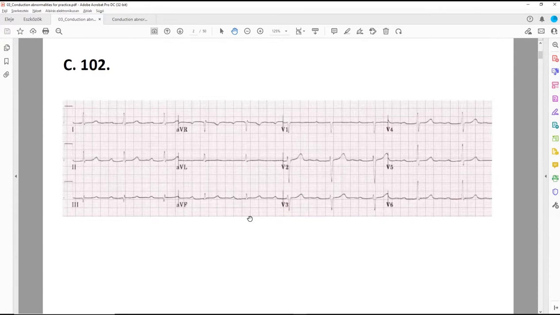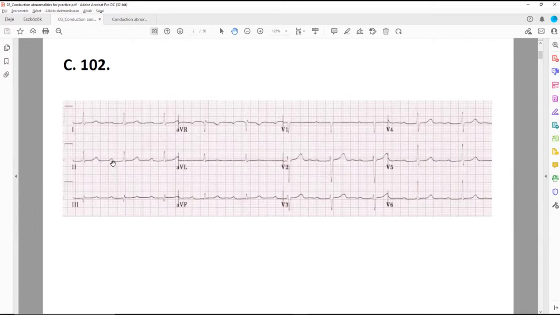It's about 4 large and 4 small boxes, which is about 62 beats per minute. If we want to see the axis of the heart, we can see the third lead is the most equiphasic, which means we have to look at the aVR, which is negative, which then is plus 30 degrees. Correct. Then we look closer and we can see the P wave, the QRS, everything.